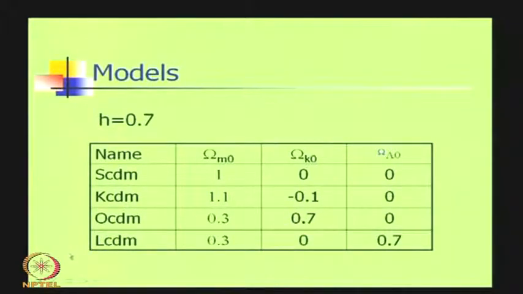And this is the fourth model, where again omega matter is 0.3 and the rest of it is in the cosmological constant, lambda, 0.7. This is called lambda CDM, LCDM. Let me also mention that this is the currently favored cosmological model. Observations seem to favor the last one.